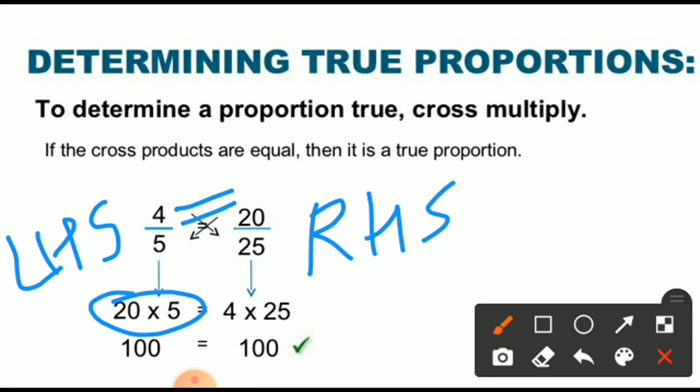Anyone remembering what is the meaning of LHS and RHS? Yes? You are right, my dear student. Yes, correct. Right hand side. So what about LHS? Left hand side. Yes, correct. Look at here.